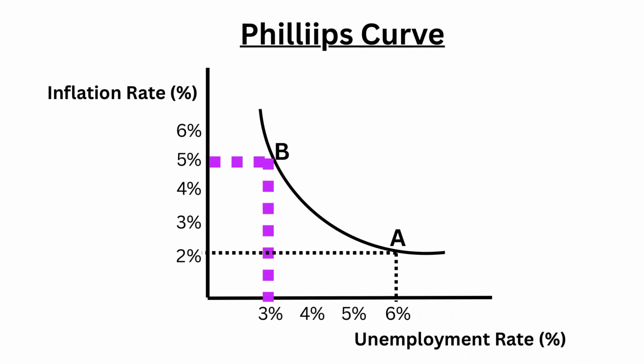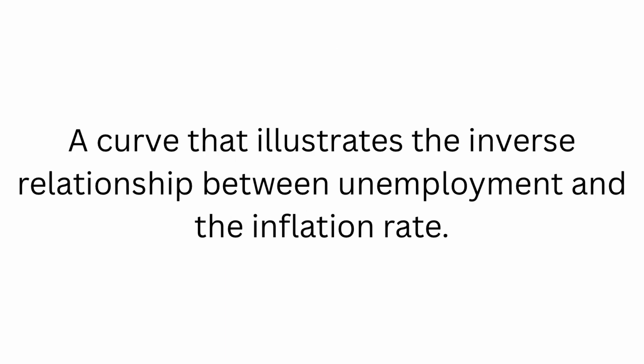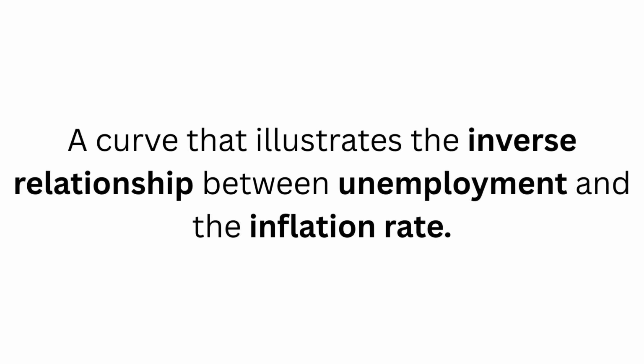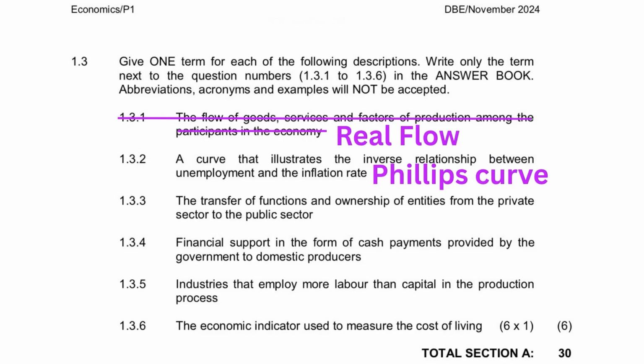They tend to spend more money, and businesses raise their prices, which is higher inflation. But on the other hand, when unemployment is higher, fewer people spend money, so prices rise slowly, or they may even fall, which is lower inflation. So, as our statement says, a curve that illustrates the inverse relationship between unemployment and the inflation rate, which is the Phillips curve.